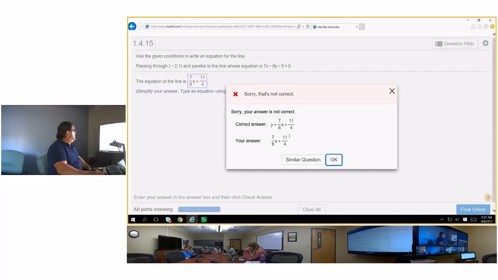Yep, I got it right. 7/8 x plus 11/4. Now, if you did it another way, and I don't see how, and got 7/8 x plus 11/4, let's talk about it. But I don't think you're going to be able to do it without using the point slope equation.